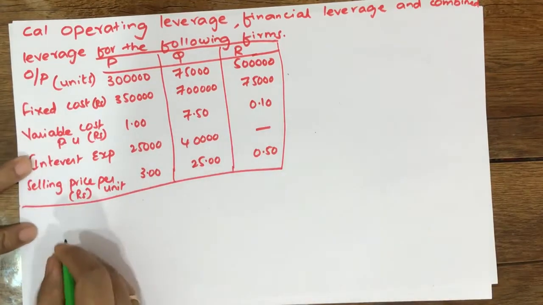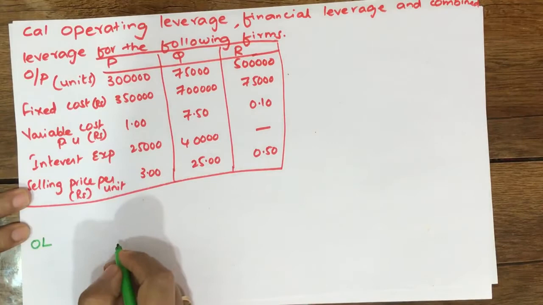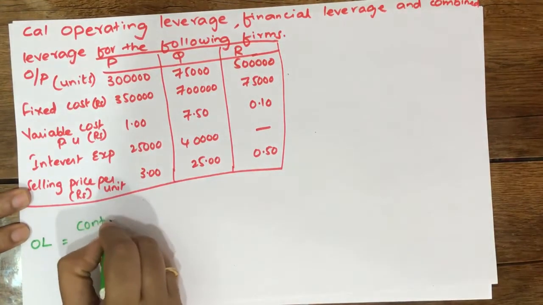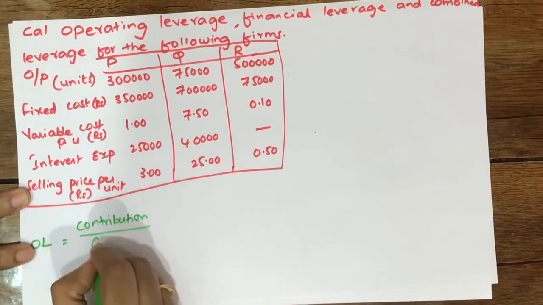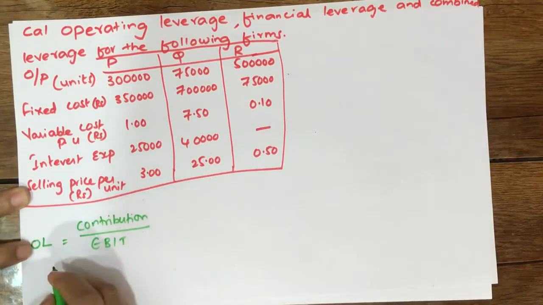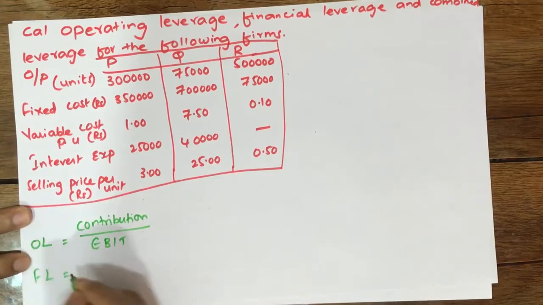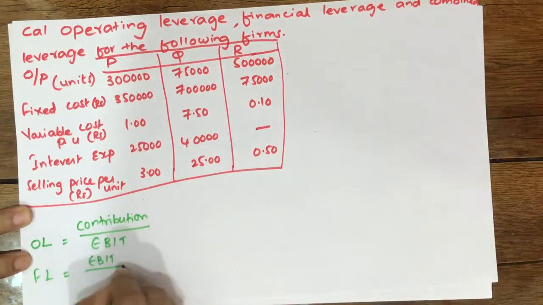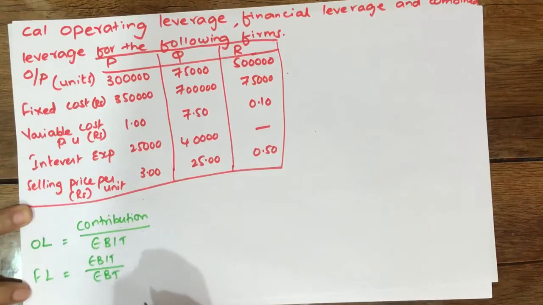To find operating leverage, the formula is contribution by EBIT. Financial leverage's formula is EBIT by EBT, earnings before tax.